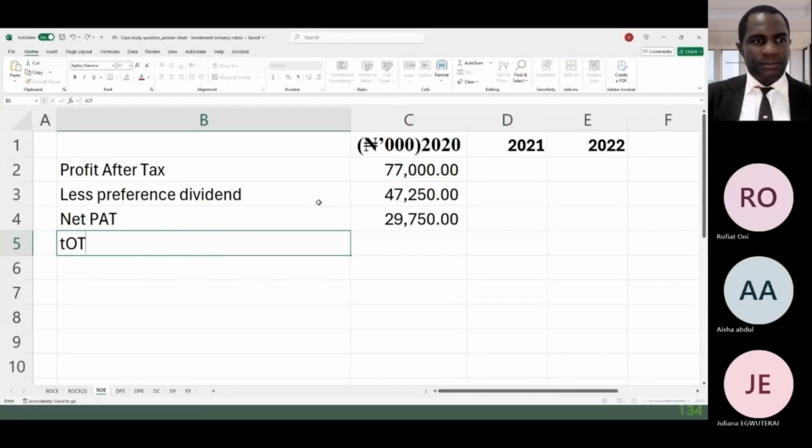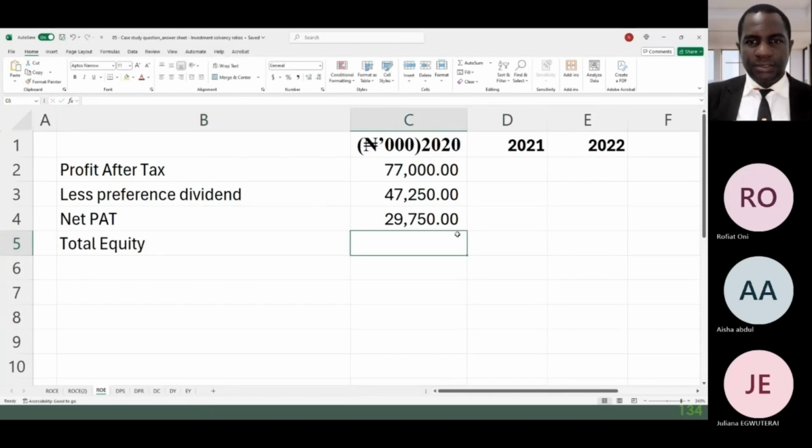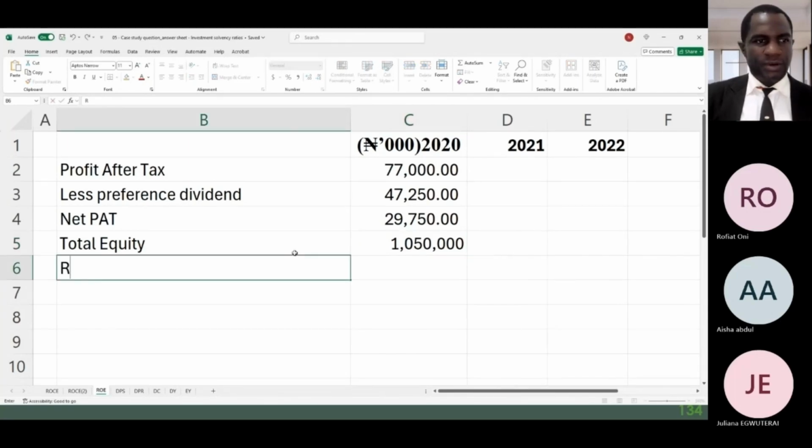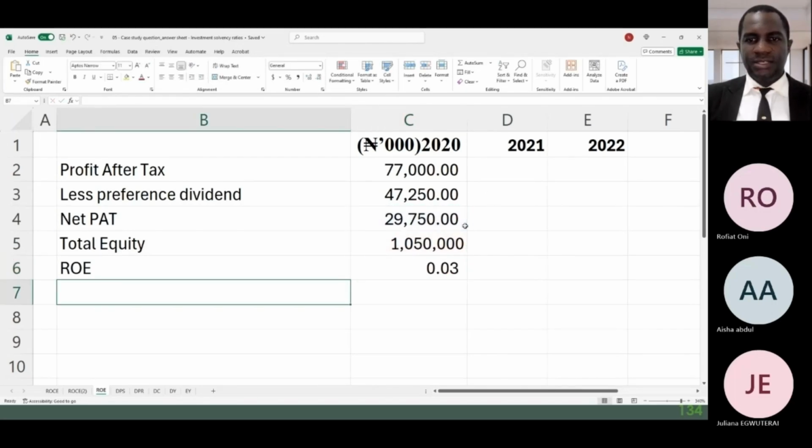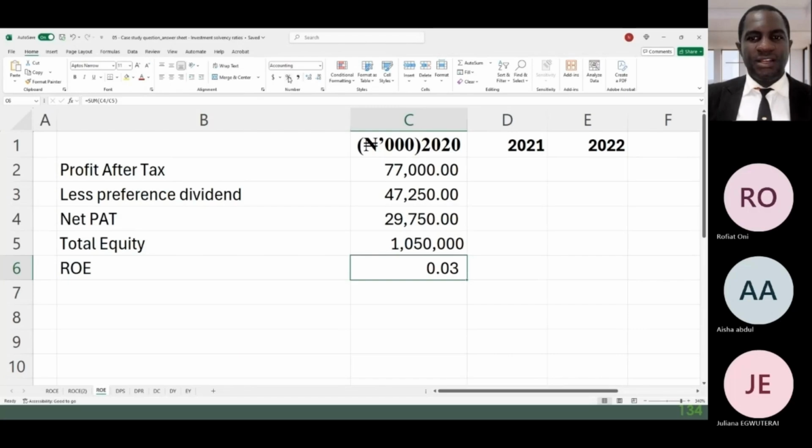Okay, so our return on equity is net profit after tax, after we deduct preference dividend, divided by this. We have a very low 3%. Wow. Very, very low 3%.